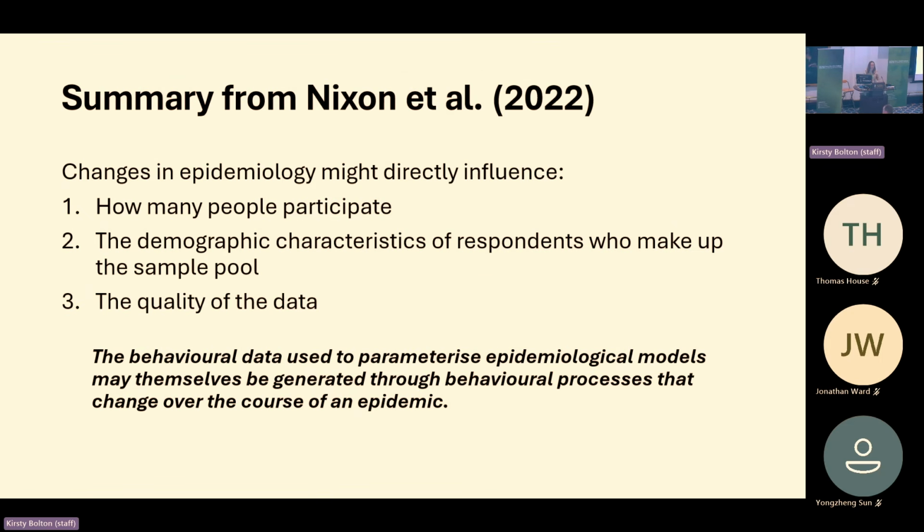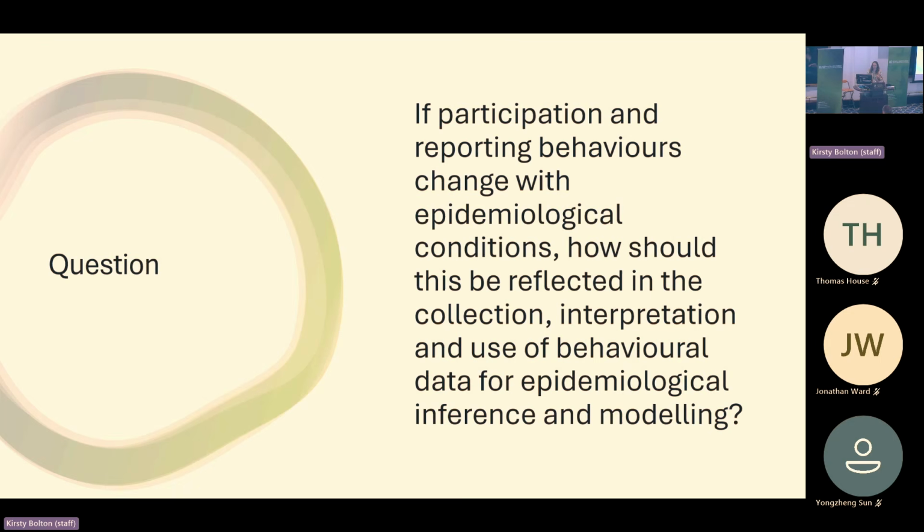So to summarize the main points from that, it seemed that changes in epidemiology could directly influence how many people are participating in this research where we're trying to collect this behavioural data. It's also maybe influencing the demographic characteristics of people who make up the sample pool and also the quality of data.